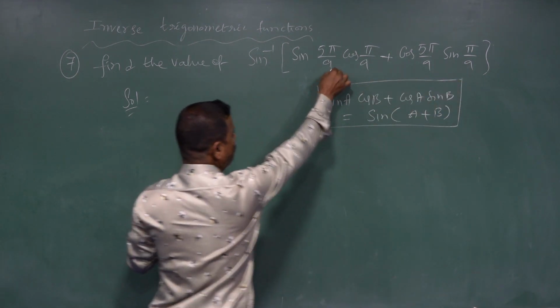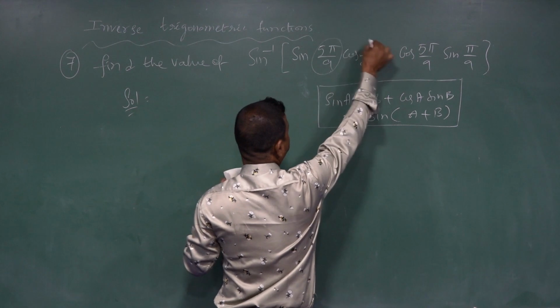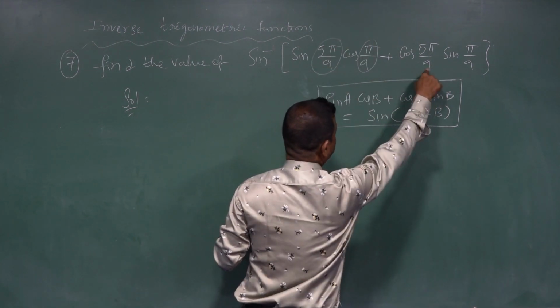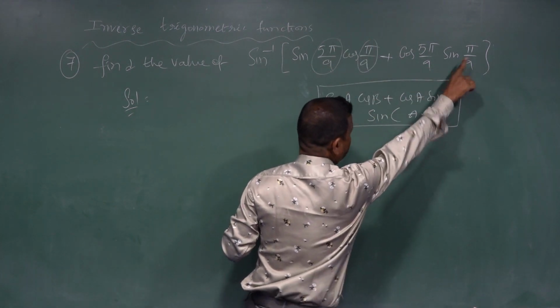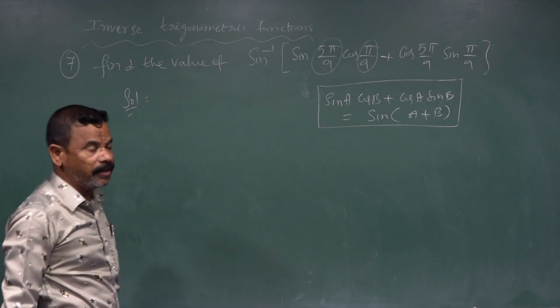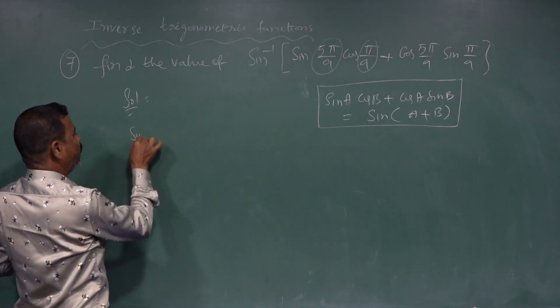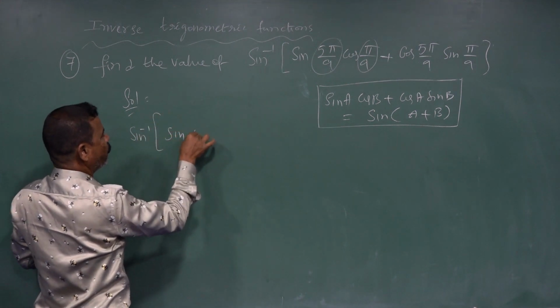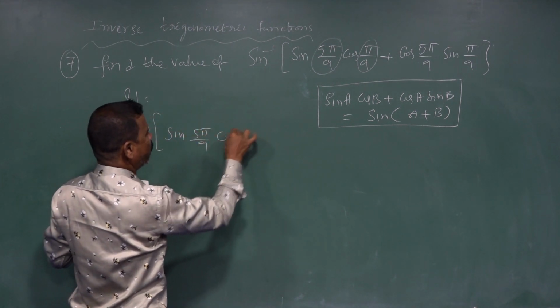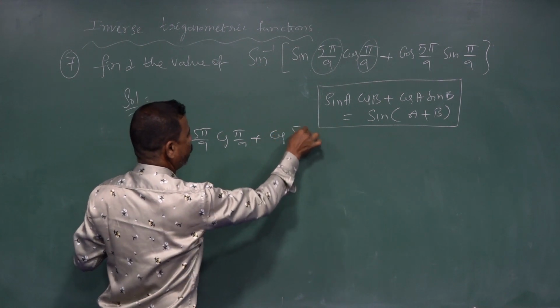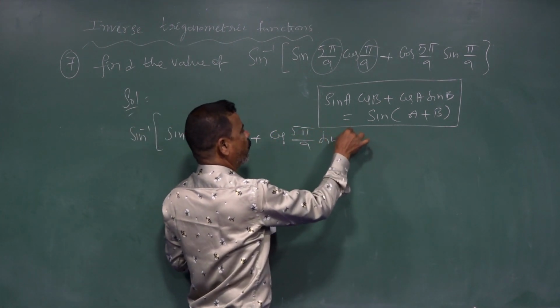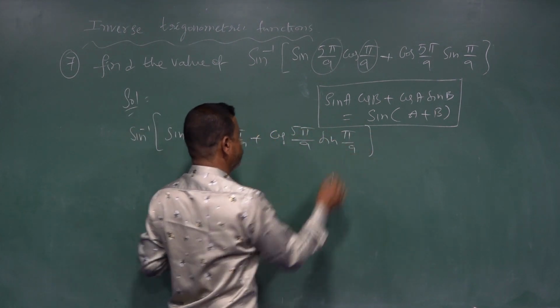According to this, the A value is 5 by 9 and the B value is 5 by 9. So this is written as sine inverse of sin 5 by 9 cos 5 by 9 plus cos 5 by 9 sin 5 by 9.